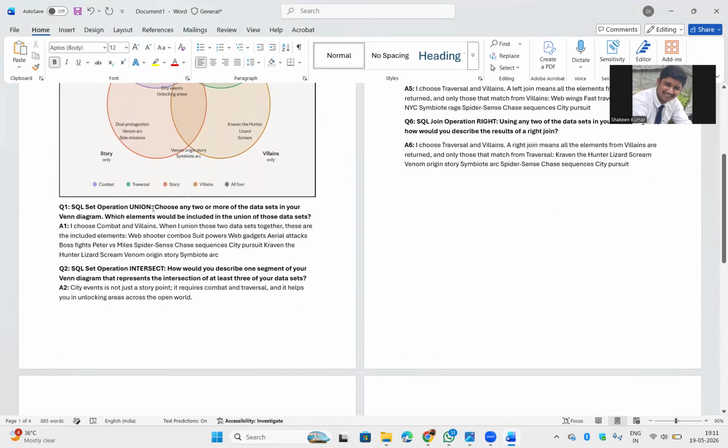union, set operation union. Choose any two or more of the data sets in your Venn diagram. Which elements would be included in the union of those data sets?